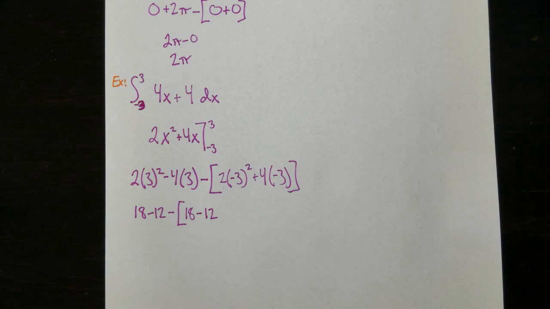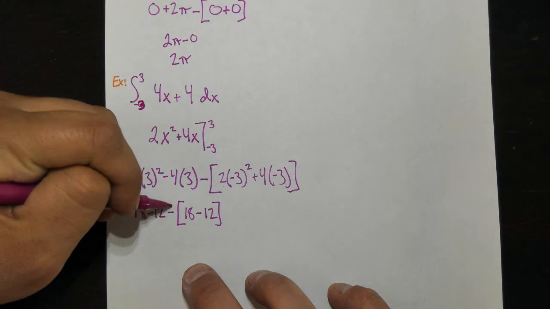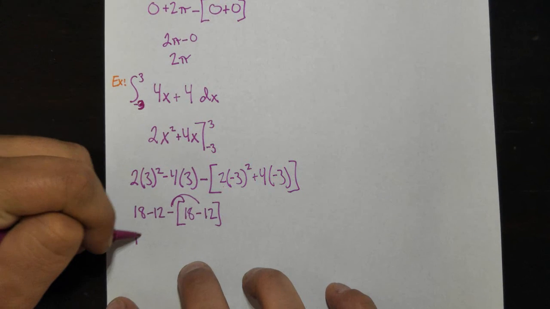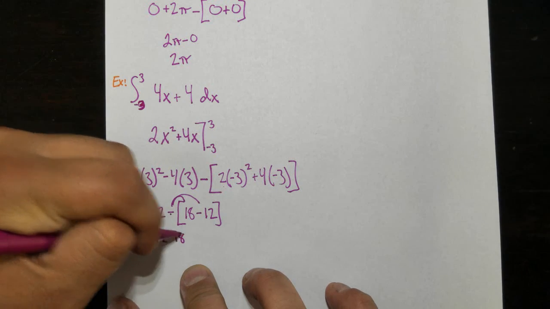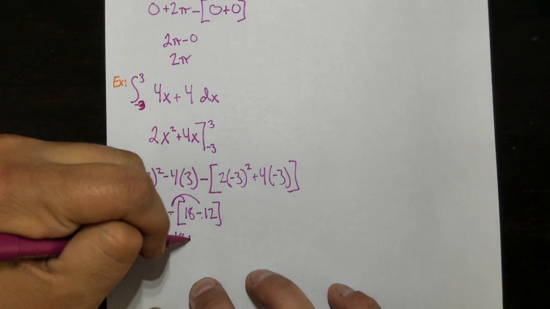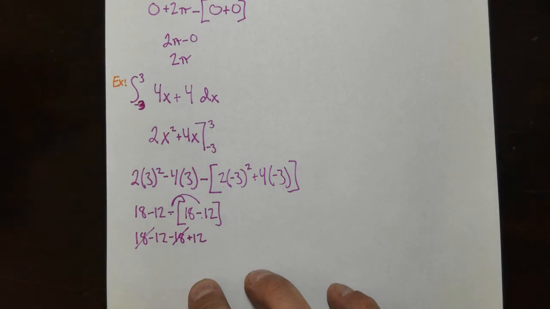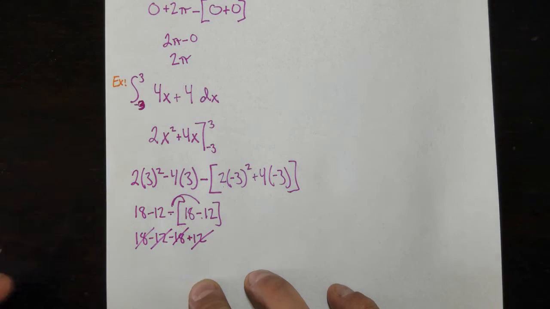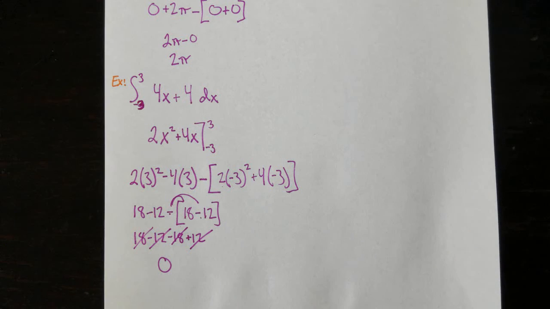All right. And then let's see here. So we need to distribute this negative. So this is 18 plus 12. Negative times 18 is negative 18. Negative times negative 12 is plus 12. Let's see, these cancel and these cancel. So the area under the curve is 0 for that particular function between negative 3 and 3.